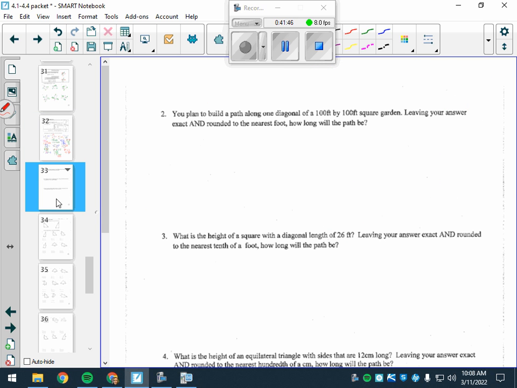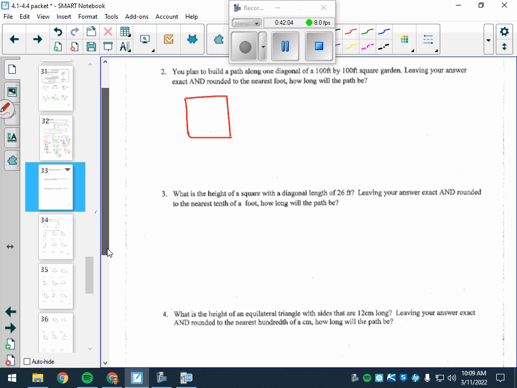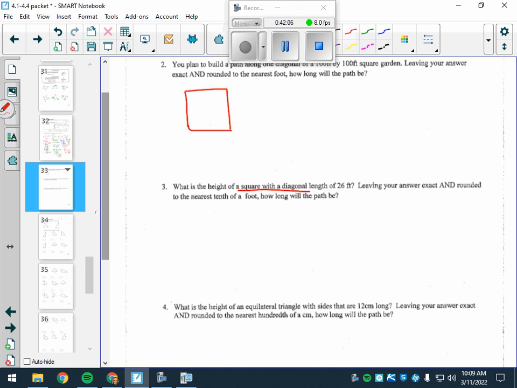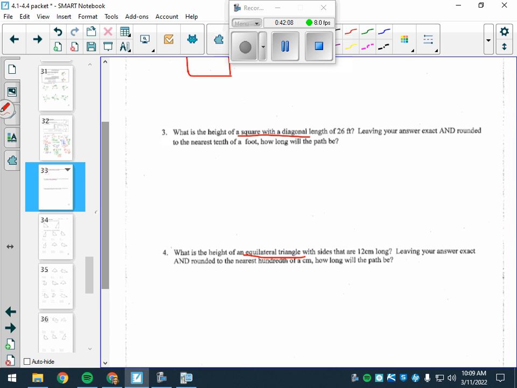All right, if we turn the page, I just want to do one of these. If you plan to build a path along one diagonal of a square garden, so anytime you have a problem where there's a square garden, here's the square with a diagonal. This one is an equilateral triangle.